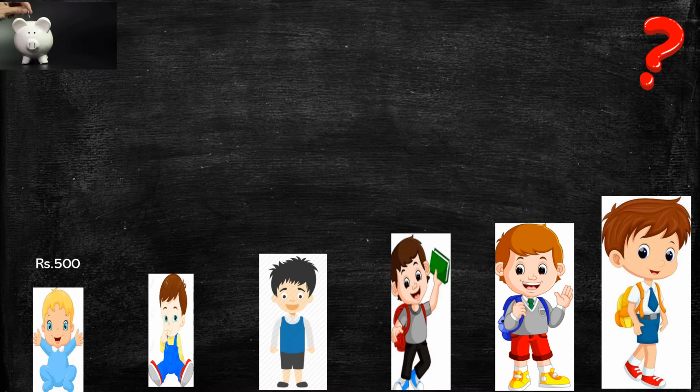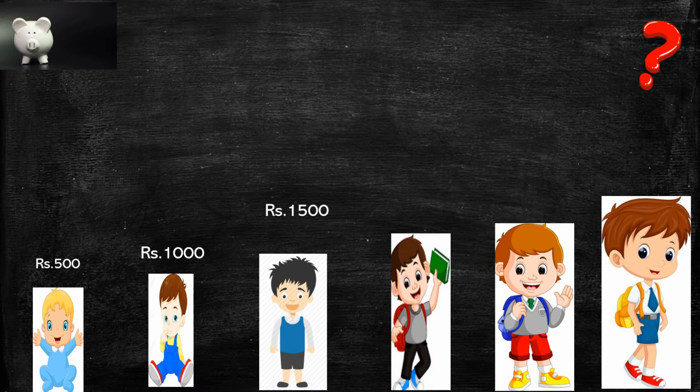The amount on his second birthday was rupees 1000. 500 is added to it, so it becomes 1000, isn't it? The amount on his third birthday was rupees 1500, right?